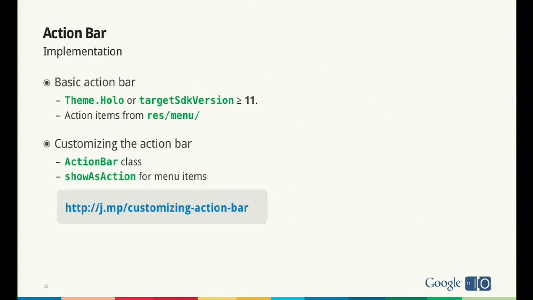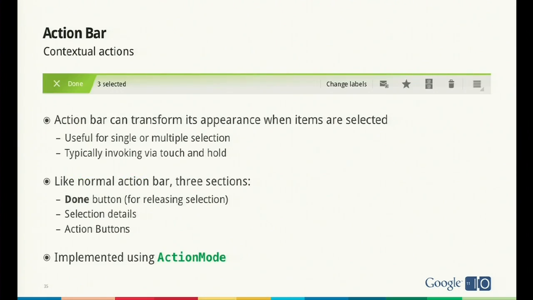Actually, I want to be still on this page for a minute. As we take a look at the problem that the contextual action bar solves here, most developers and users are familiar with the idea that you can touch and hold on a particular element to get a context menu. Well, there's kind of a problem with context menus as soon as you have more content on a larger screen.